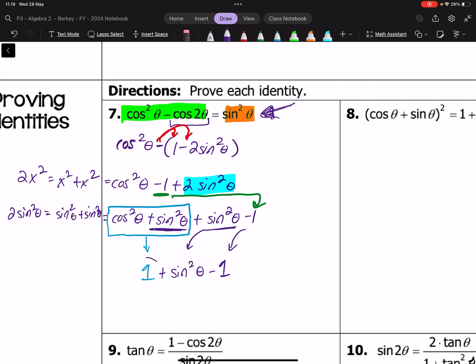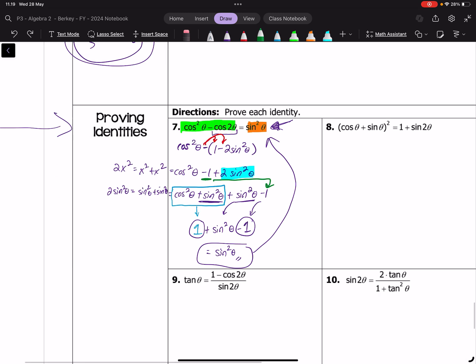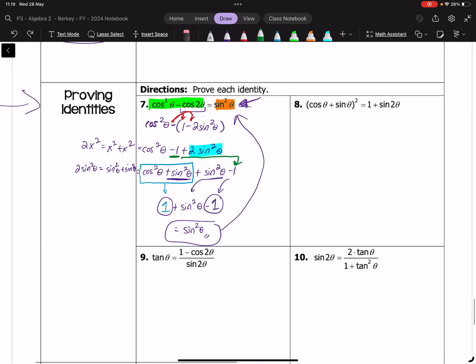And now you can see the 1's go to 0, and I'm just left with sine squared, which is what we were trying to prove. So you have to do some tricky manipulation in some of these, but you are definitely using a double angle theorem or double angle identity in this, because we're learning about double angles. Try 8, 9, and 10 out. And that's it.